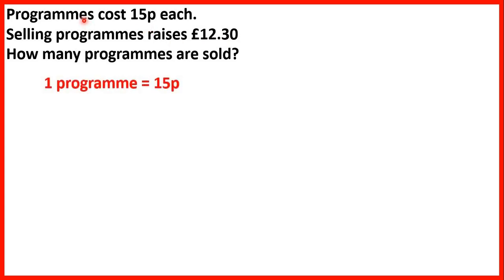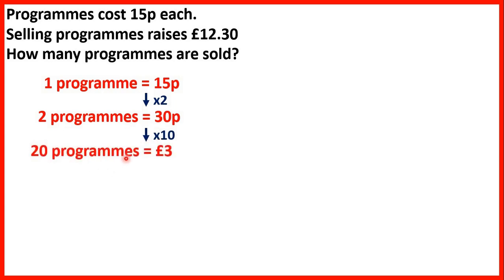So we know that one program costs 15 pence. So if we times by 2, we know that 2 programs must cost 30 pence because 15 times 2 is 30. Now, if we times by 10, 20 programs cost £3 because 2 times 10 is 20 and 30 times 10 is 300. And if we have 300 pence, we have £3.